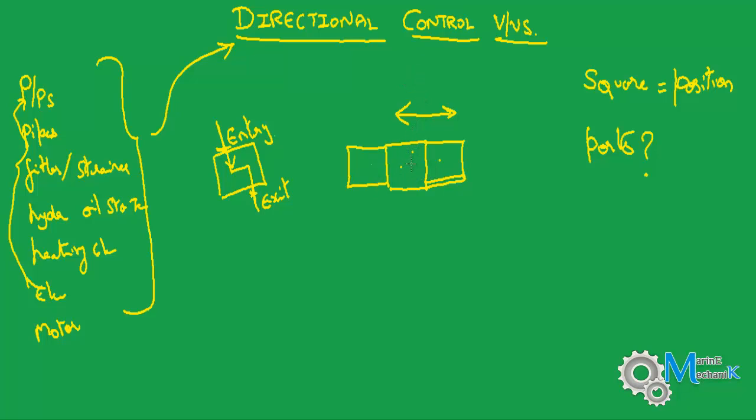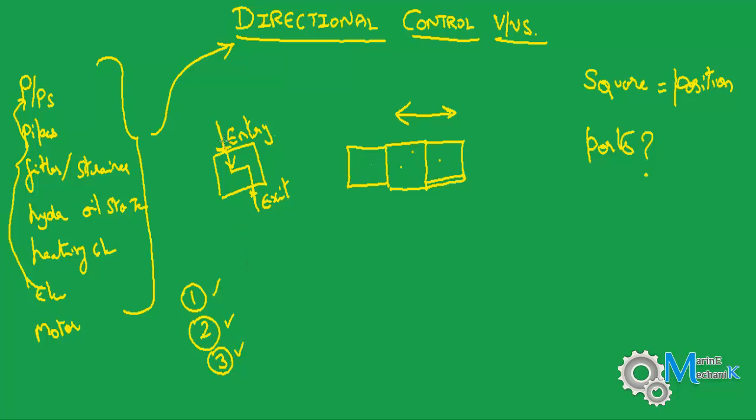To recap, we have seen what are directional control valves, what are positions, and how to identify the number of positions, which is three squares means three position. Now we are talking about ports.